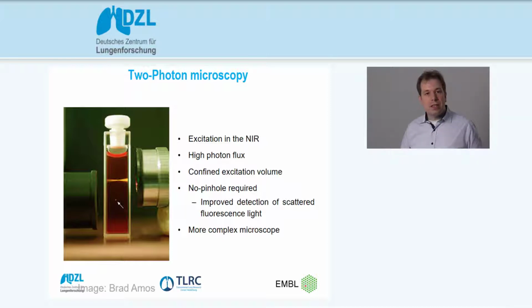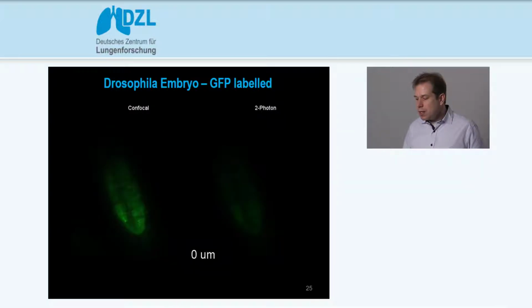This has the advantage that if light in our specimen is scattered, we can still detect it and reassign it to the correct origin. However, as I mentioned, we need this high photon flux, so we need very powerful lasers, and also the microscope is increased in its complexity, and therefore this is not a standard technique, but usually used for live cell imaging or deep tissue imaging. And I will just show you now one example here.